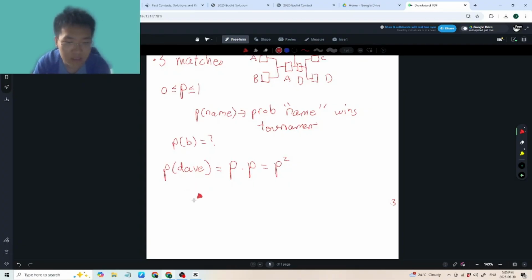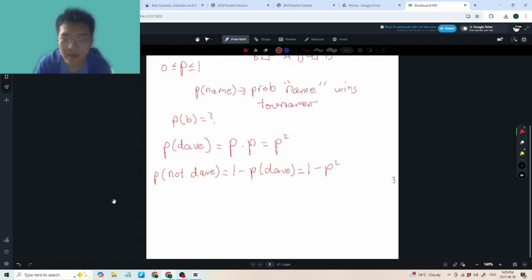So the probability of someone other than Dave winning, P not Dave, is just equal to the total probability, which is 1, subtract the probability that Dave wins the tournament, which is equal to 1 minus P squared.